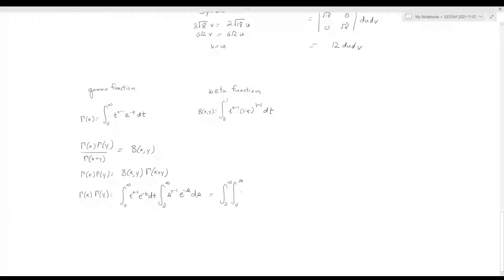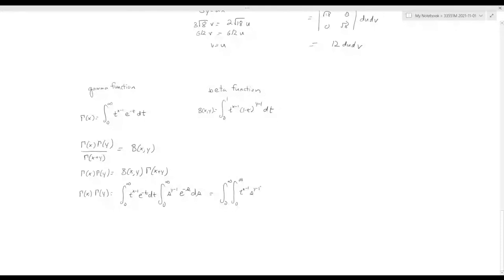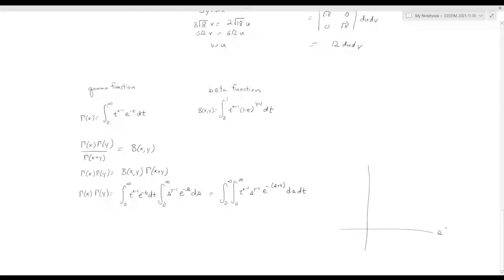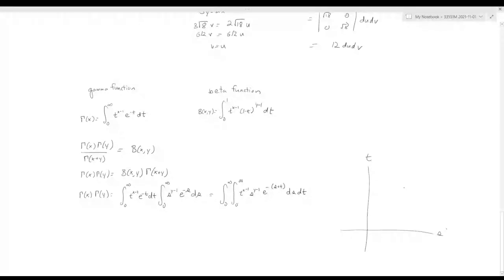And then we're just going to combine the exponentials. So notice the region of integration is over some region in the ST plane, namely the whole first quadrant.